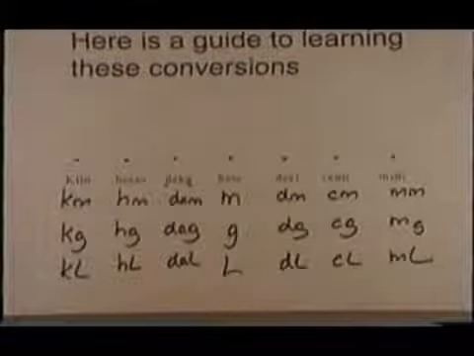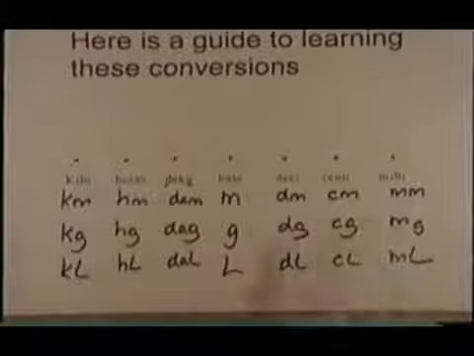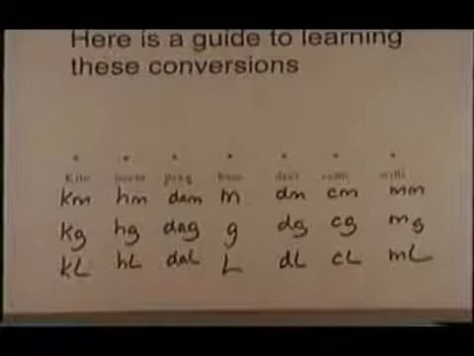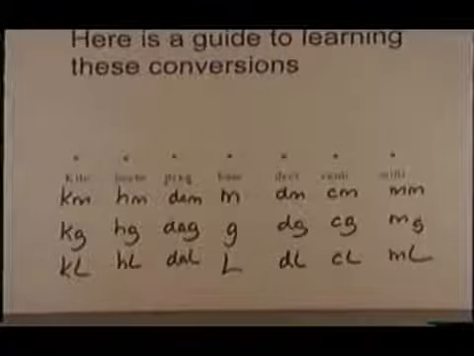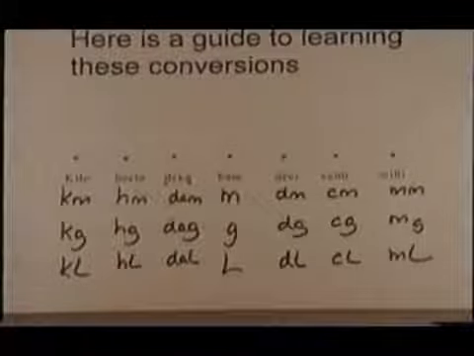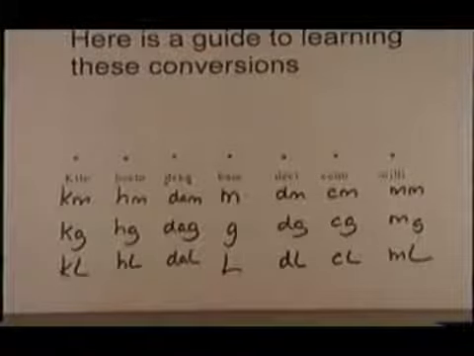And that can be used, as you see here, for all of the conversions in the metric system, whether it's length, mass, or capacity. Now, let me show you how this will work in helping you to state your conversions.